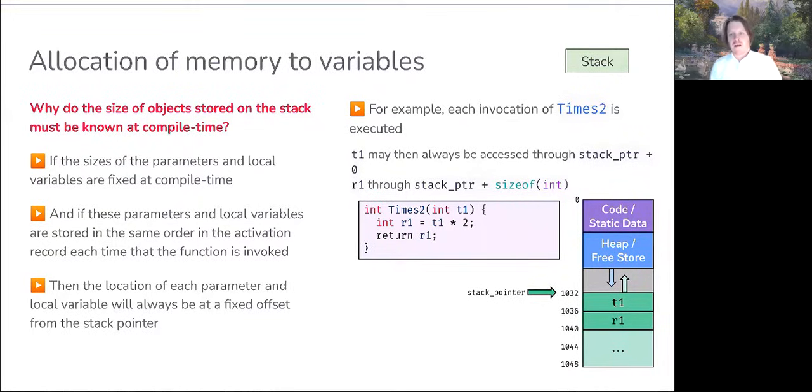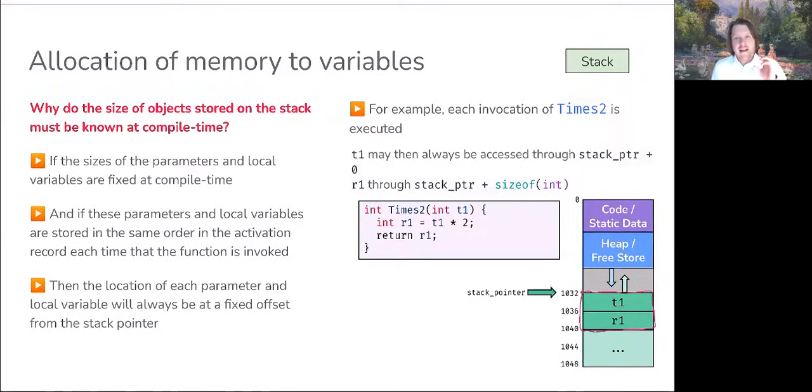pointer. For example, on each invocation of x2, remember, we introduced this function in the previous video. Let's say it gets called. We're going to allocate, let's say, 8 bytes here, each integer assuming it's 4 bytes, and we move the stack pointer 8 bytes to perform this.